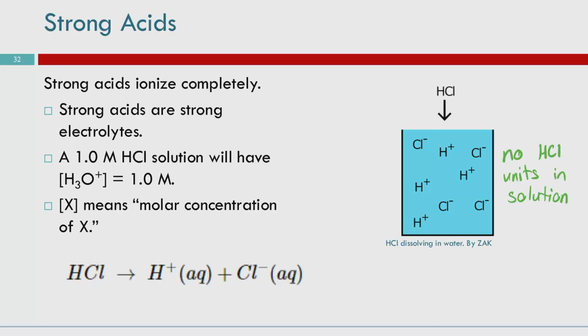If we have a 1 molar HCl solution, that will have a concentration of H3O plus that's equal to 1 molar. It's a 1-to-1 ratio, that's why they're the same. The brackets around the symbol mean molar concentration of.